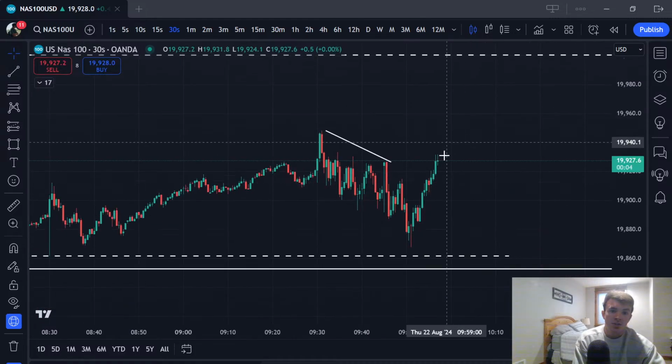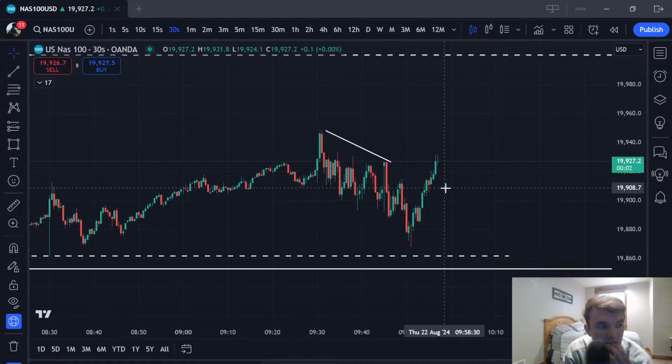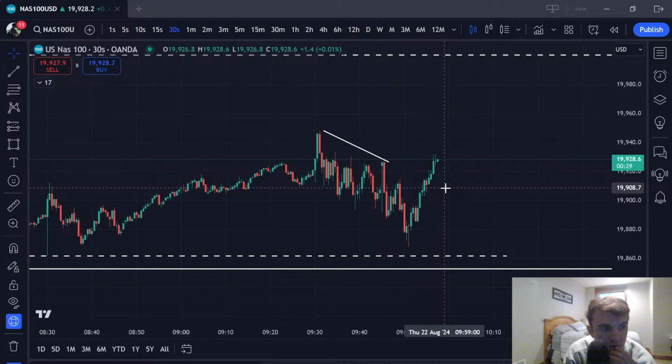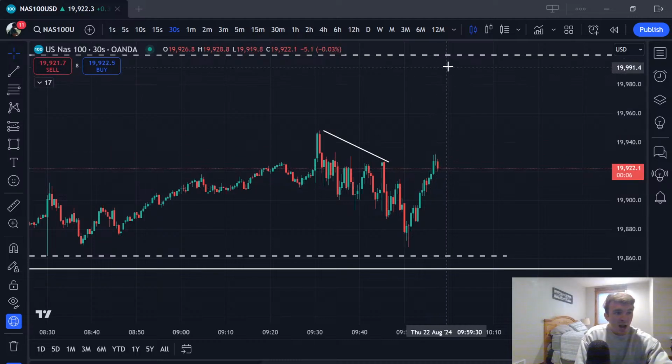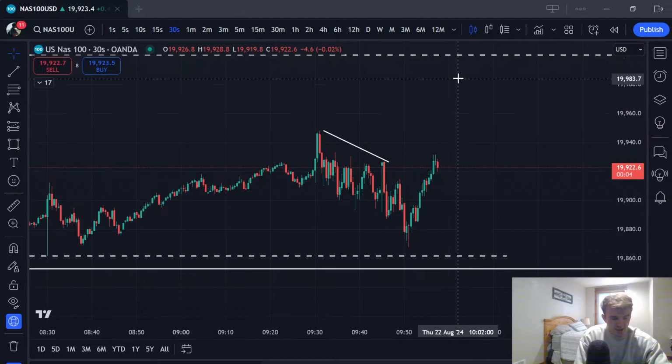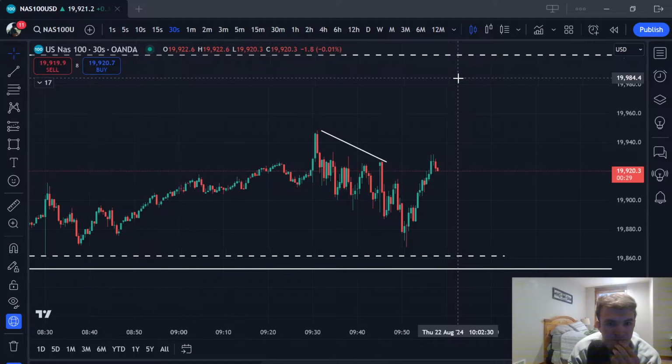So honestly, whichever we take first, the data low or the equal highs, I want to target the other one. That would be an awesome trade, I think. I'll just be patient for one of them to get taken, unless there's a really good setup towards one of them, and then I will take a trade, but it has to be a really good setup. But yeah, I expect these are the draws of liquidity. Expect price to go to them.